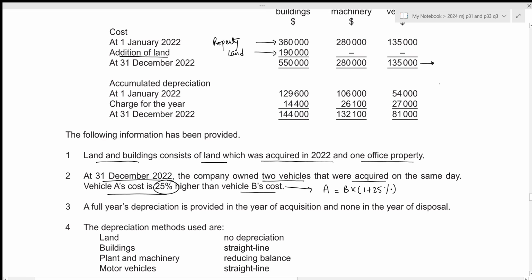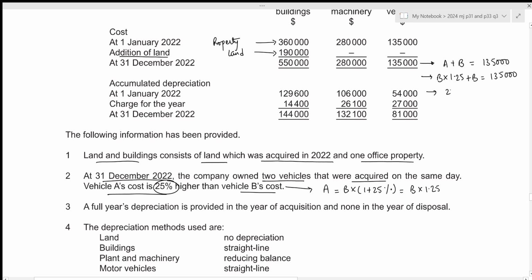Okay, so let us figure out the cost itself. So we know that the cost of A plus the cost of B will be equal to 135,000. And we also know that cost of A can be written down as B times 1 plus 25%, which is basically B times 1.25. So plus B will be equal to 135,000.